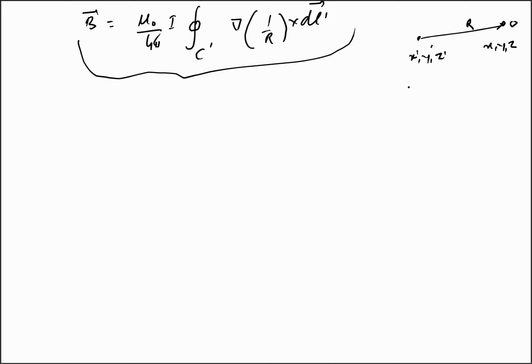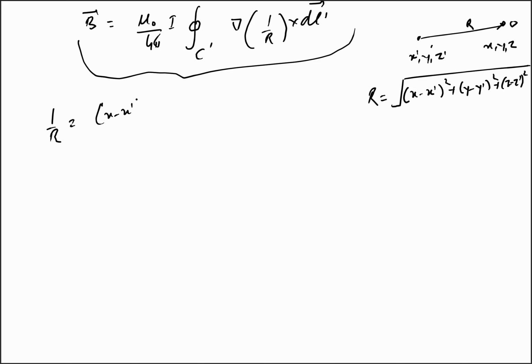The magnitude is r. So r is simply the square root of (x minus x dash) square plus (y minus y dash) square plus (z minus z dash) square. So 1 by r is equal to (x minus x dash) square plus (y minus y dash) square plus (z minus z dash) square, raised to the power minus 1 by 2.